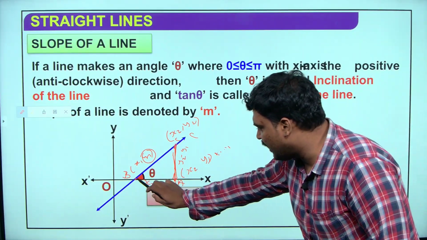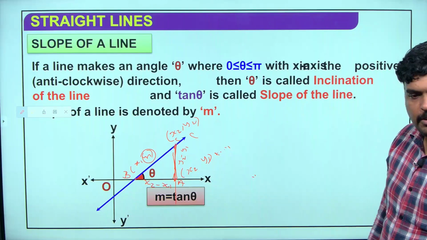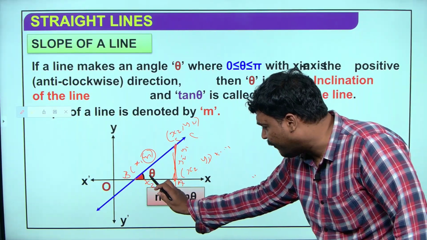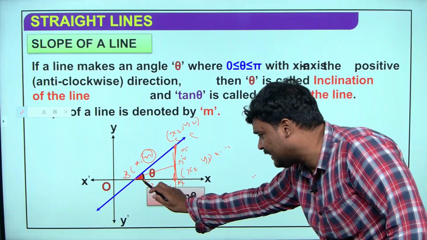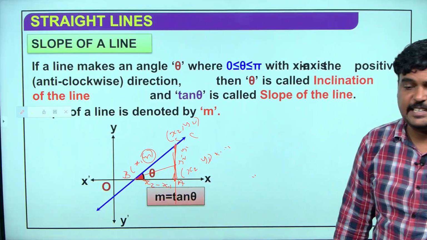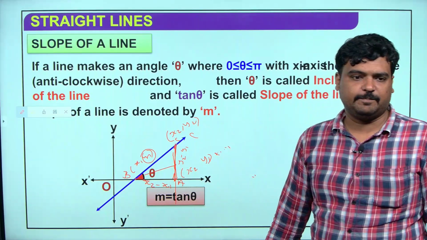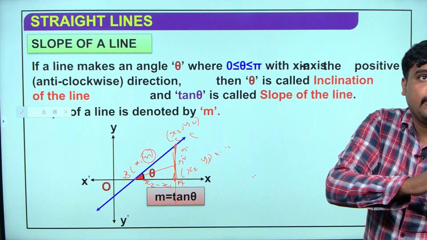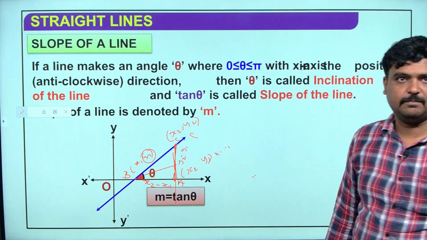So what I want is how much slanted, right? So that's why they want to know the ratio between my opposite and adjacent. Here my BA is what? Adjacent. What is my AC? Opposite. I want the ratio of these two so that I can find how sloped my line is.